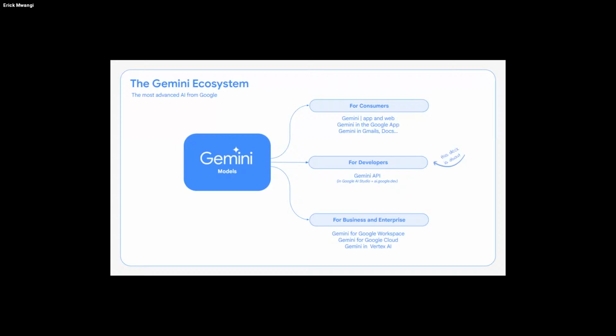You can also interact with Gemini on the Google app or in Gmail, Docs, even Play Store. For developers, you can interact with the Gemini API. That is in the AI Studio, which I showed you before. We'll go through it later. Then for businesses and enterprises, there's Gemini for Google Workspace, Gemini for Google Cloud, and Gemini in Vertex AI.